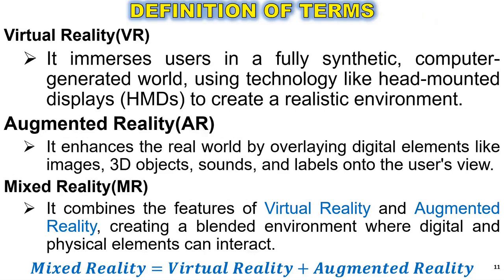Mixed reality or MR combines the features of virtual reality and augmented reality, thereby creating a blended environment where digital and physical elements can interact. Thus, mixed reality is equal to virtual reality plus augmented reality.